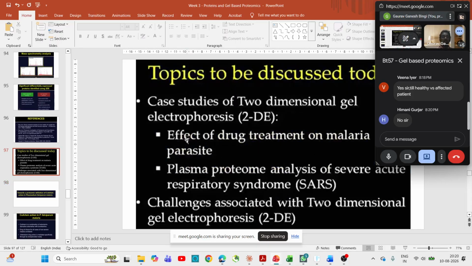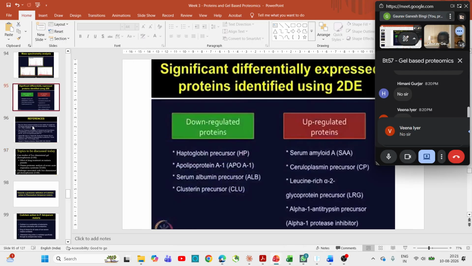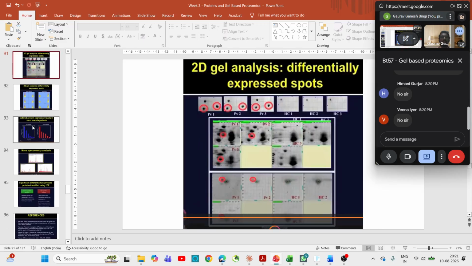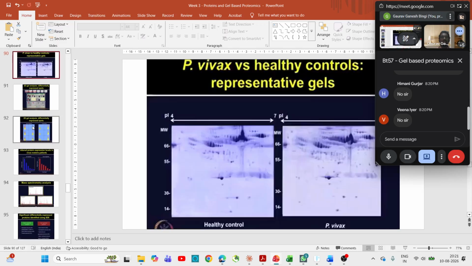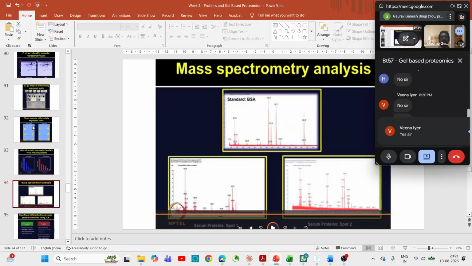So were you all there when I discussed this effect of drug treatment on malaria? No? Okay, before that you all were there, right? When I was trying to explain these spots. Yes? Okay.